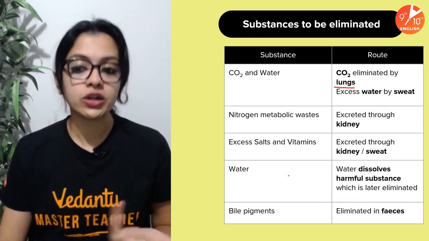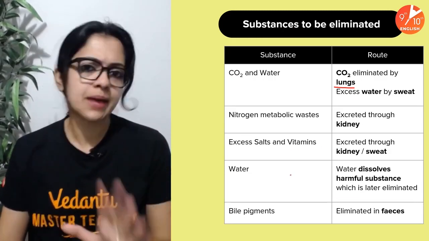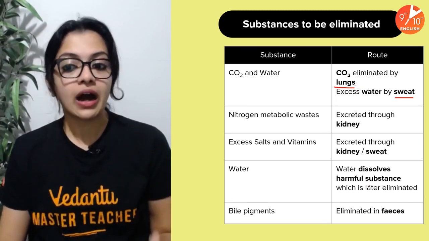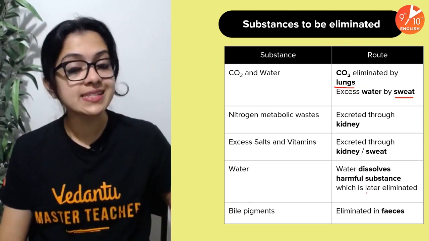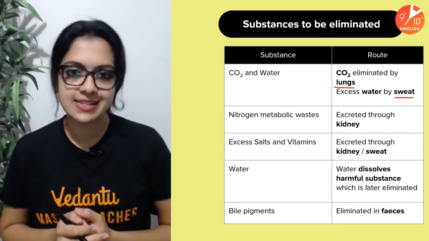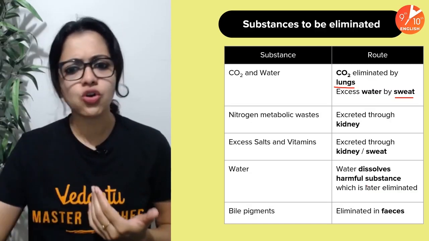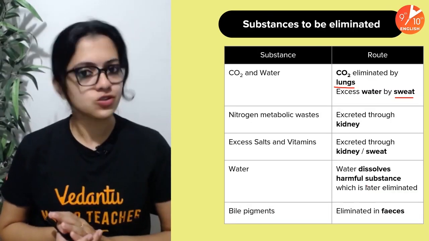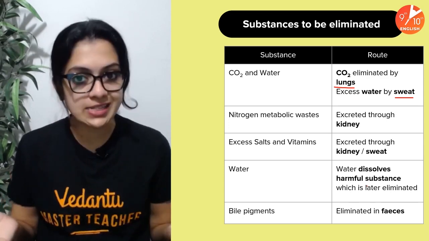What about water? Some of the water gets eliminated along with sweat, but some of it dissolves different harmful substances in the body, which later get eliminated either through kidneys or through sweat or any other means. Then bile pigments also. What is bile exactly?